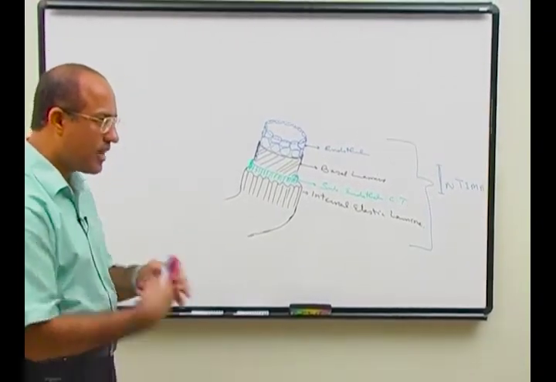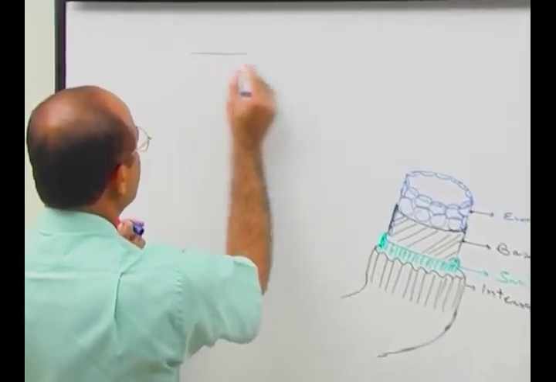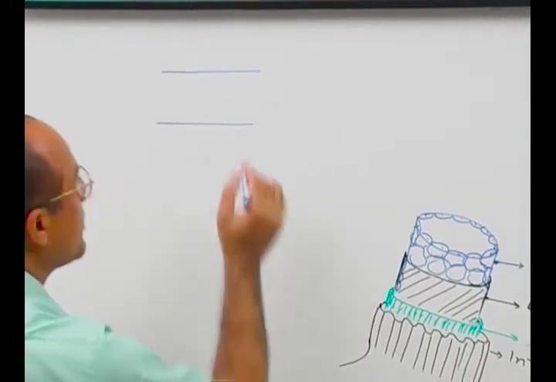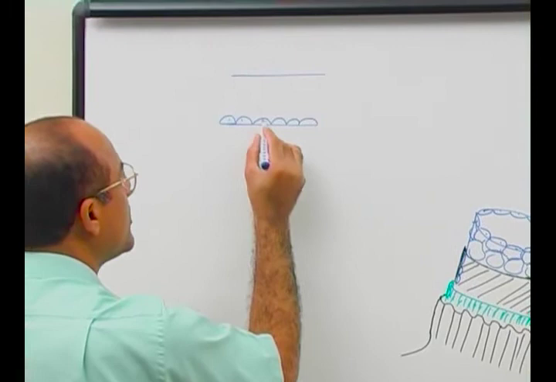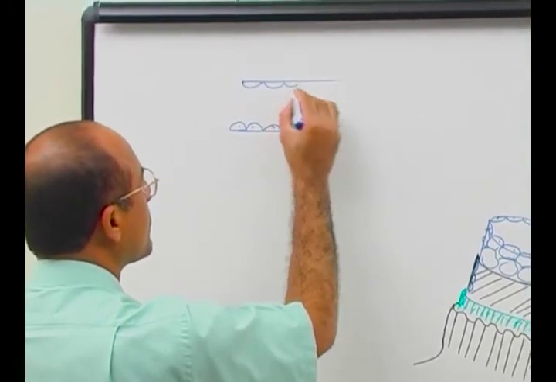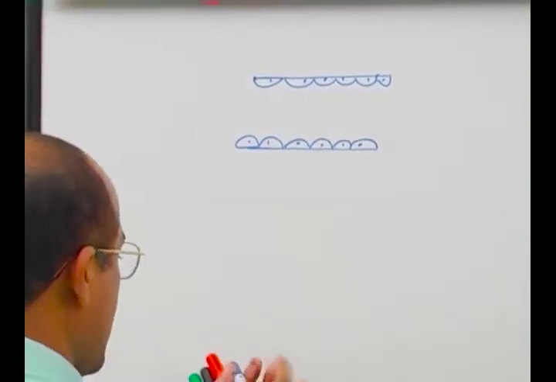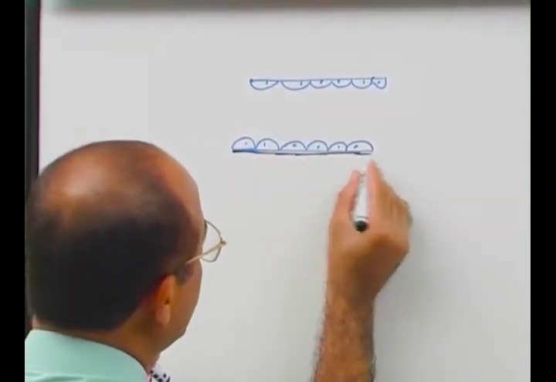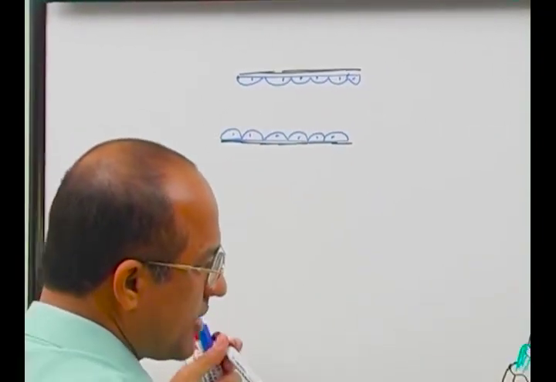Am I clear? Now if I draw a structure in a different way, let's suppose I'm making a section here, longitudinal section. This is circular section. What are these cells? Endothelial cells. Now you will tell me, these endothelial cells are resting on what? Basal lamina, this layer.